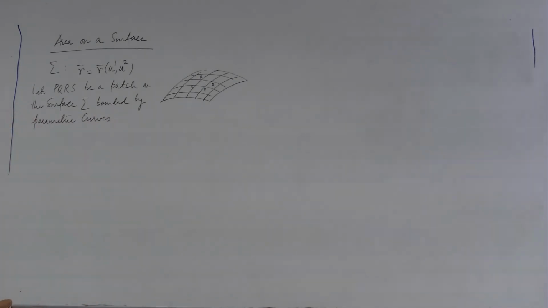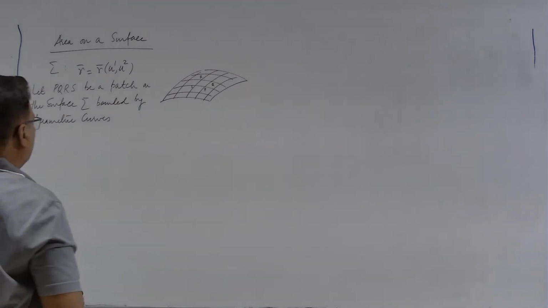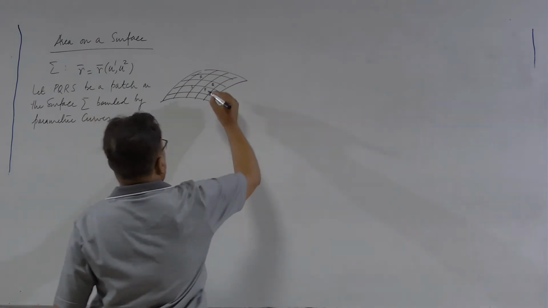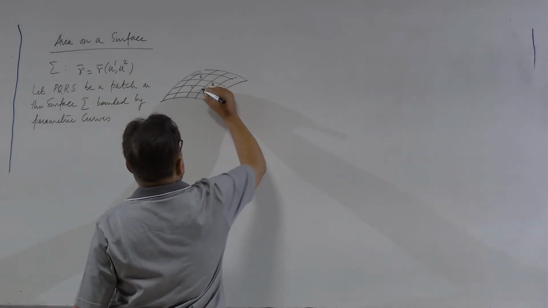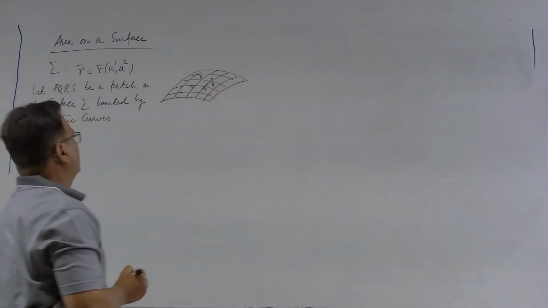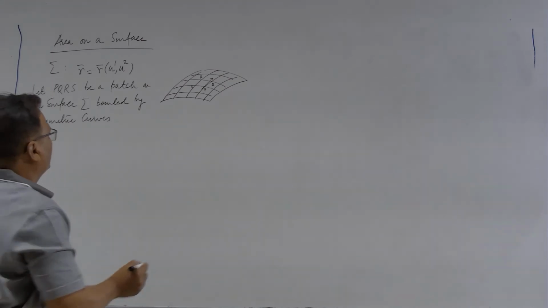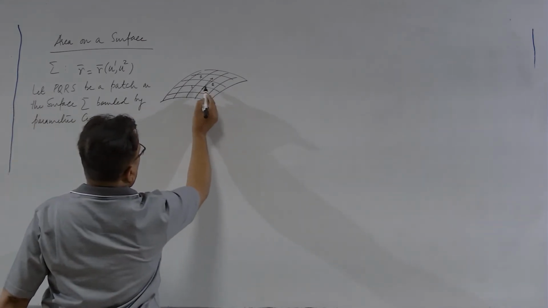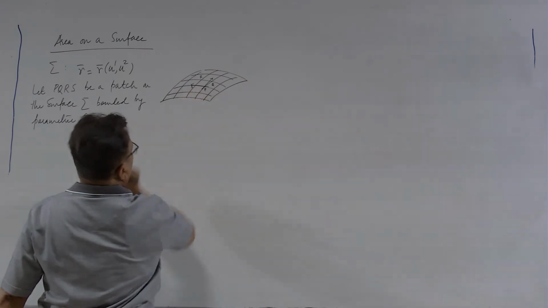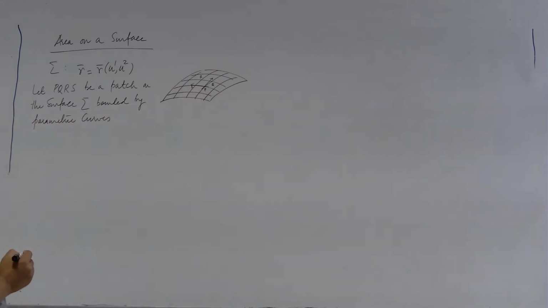And then you draw tangents at the point P to these parametric curves. Suppose at the point P I draw tangent to this u1 curve, this is the tangent to the u1 curve, and at the same point you draw tangent to u2 curve. Suppose this is the tangent to u2 curve.